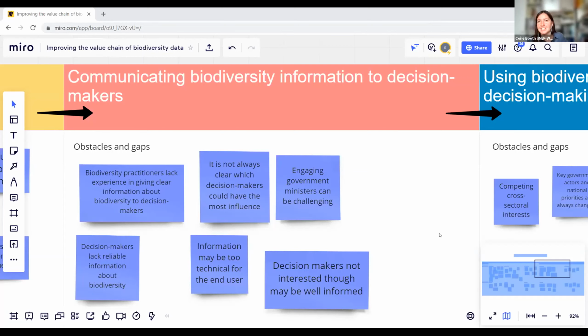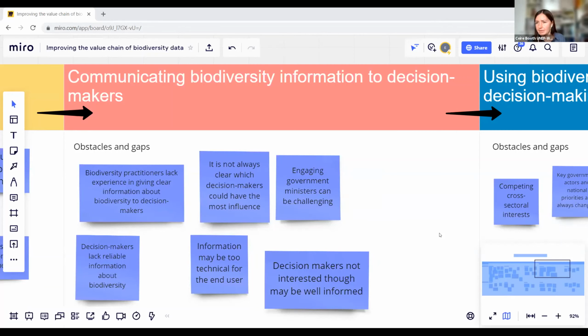It's an exercise that encourages you to challenge your assumptions about which decision makers might have the most influence. It's an opportunity to reassess the political landscape through a series of interrogative questions and mapping exercises, and to pinpoint good points for intervention where information about biodiversity could be really pivotal and influential.